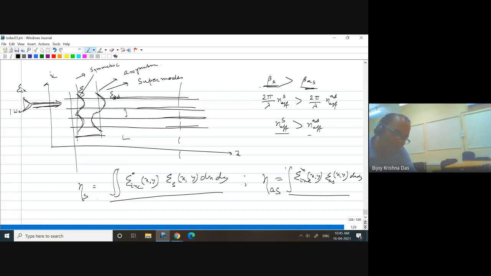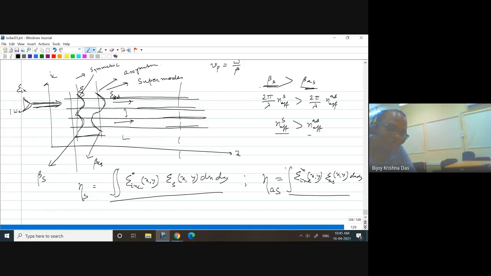But the important part is that the symmetric mode has a propagation constant beta_s and the antisymmetric mode has beta_as, and beta_s is higher and beta_as lower. So as they propagate, both the modes will not travel with the same phase velocity, because phase velocity is defined by omega by beta.